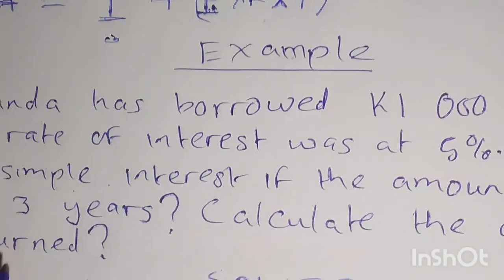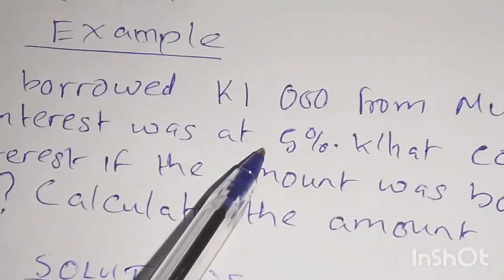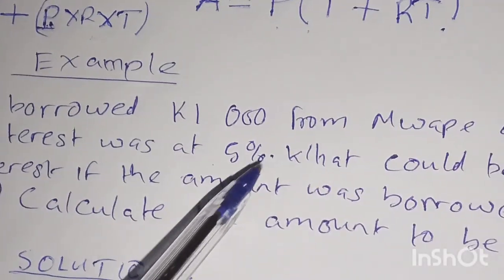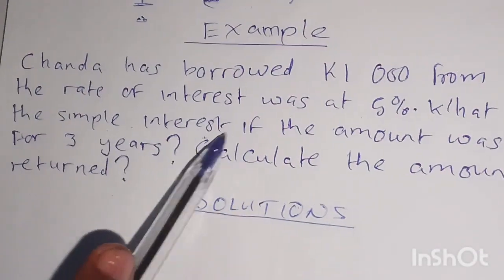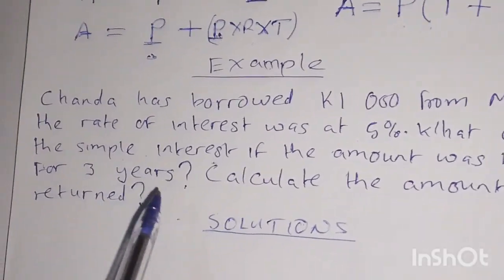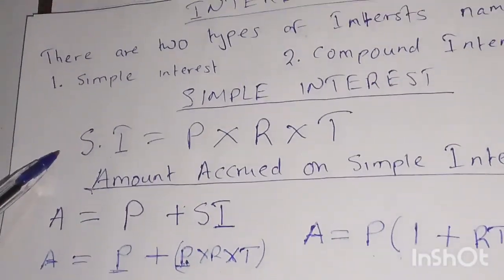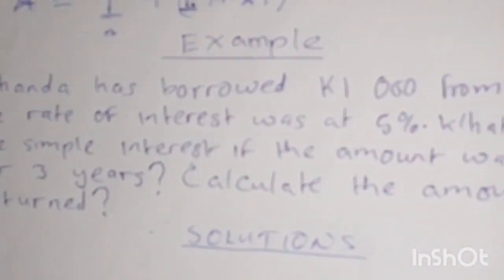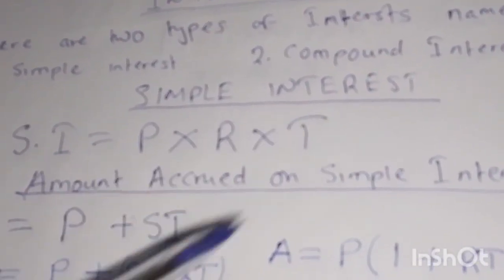The example says Chanda has borrowed K1000 from Wape and the rate of interest was 5%. What could be the simple interest if the amount was borrowed for 3 years? Here we are looking for simple interest. Let's identify first the principal, rate, and time from the question.